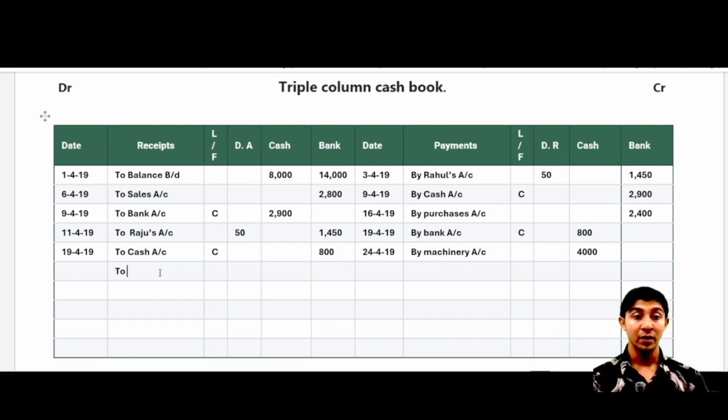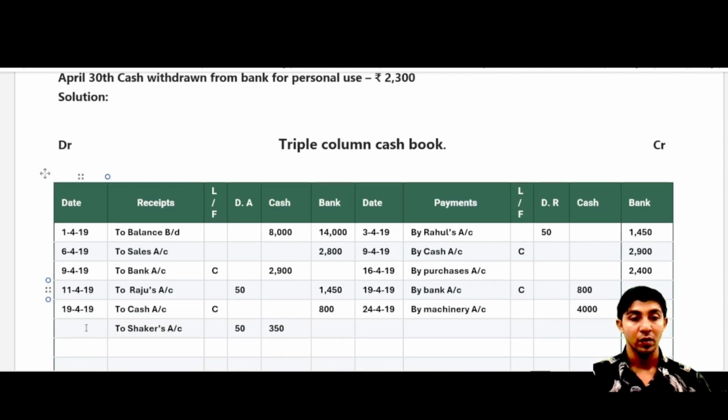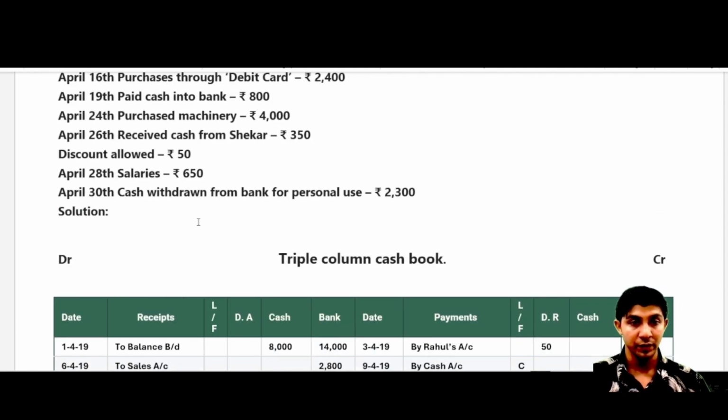We have to record the giver's name. Money came in, and who gave it? Shekhar. So we need to record Shekhar's account. Discount is 50 and the cash is 350. What is the date for this transaction? 26th of April 2019.